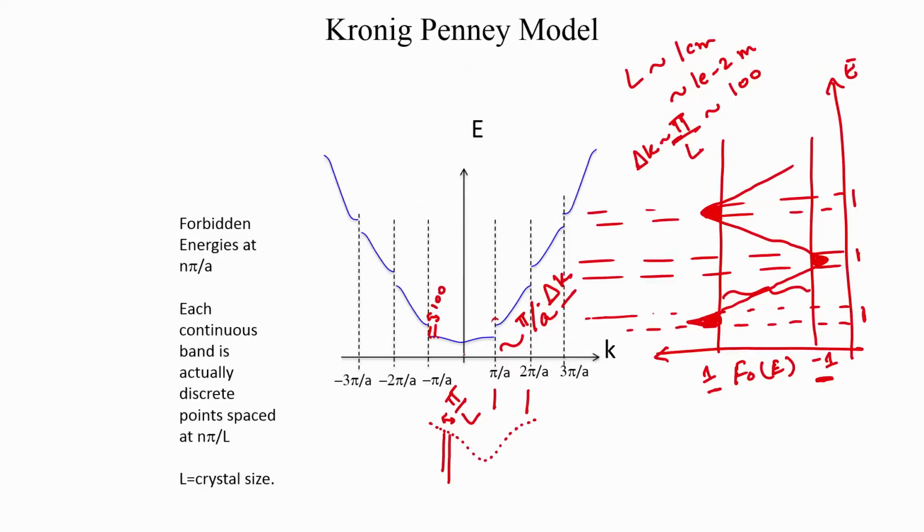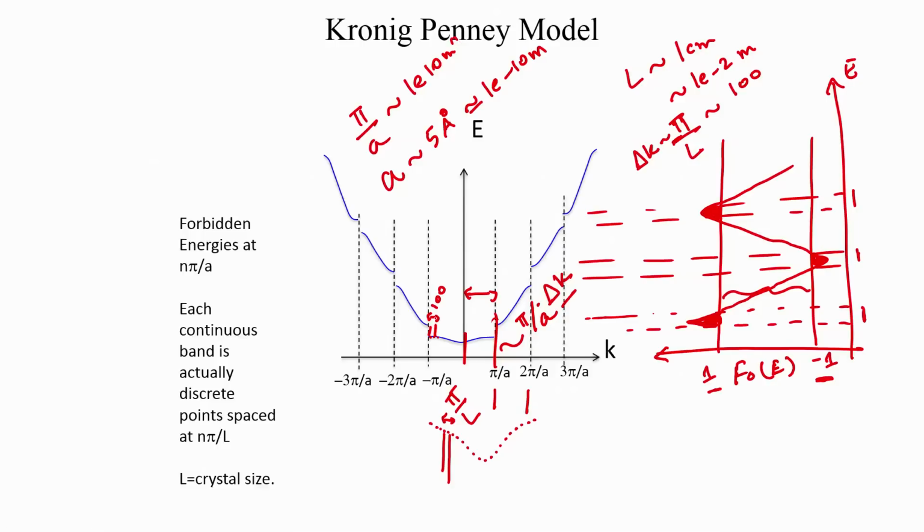And what is the distance between these 2 points? It is of the order of pi by A. And A is basically a lattice spacing in the crystal, which is, let's say, 5 angstrom. So it's of the order of 1e minus 10 meters. And therefore pi by A is of the order of 1e10 meter inverse.